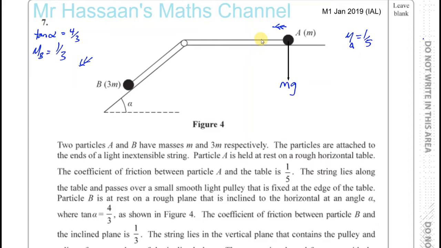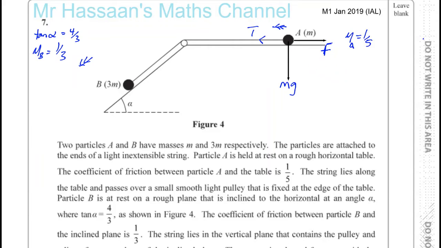You also have the tension in the string that's pulling it along. Now, as it's moving towards the left from this diagram, the friction is going to act in the opposite direction. It's moving, so there's going to be friction acting, in the opposite direction to the movement of the particle. Friction always tries to oppose the motion.